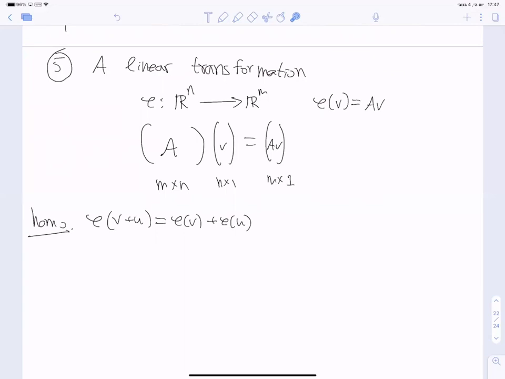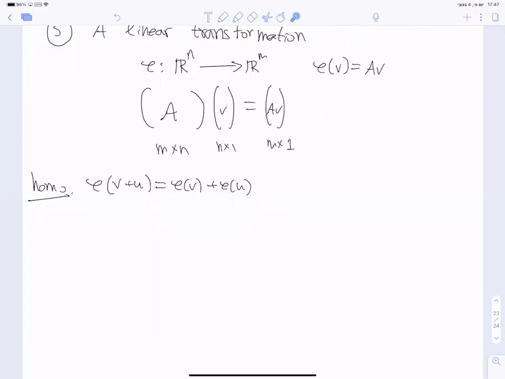Now, as we have seen in linear algebra, now it is more general. We have this claim.